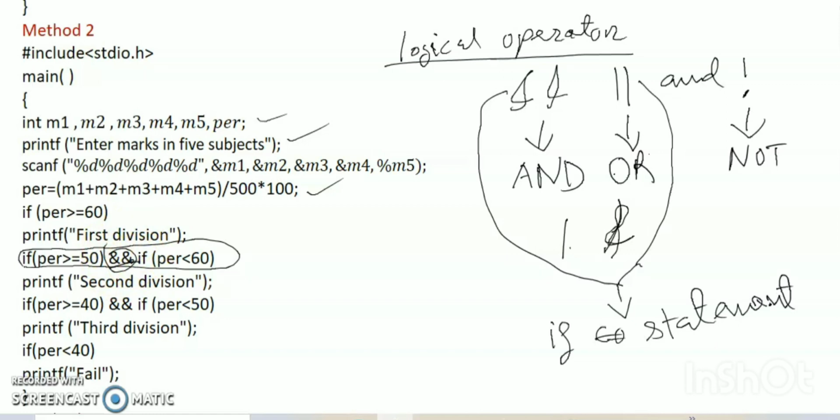The and operator is used to combine two conditions. Second division gets printed if both the conditions evaluate to true. If one of the conditions evaluates to false, then the whole thing is treated as false.